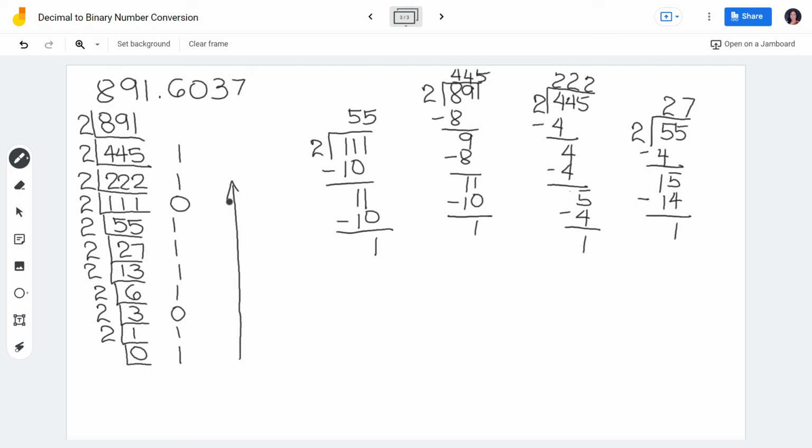So next, let's solve the fraction part of 0.6037.